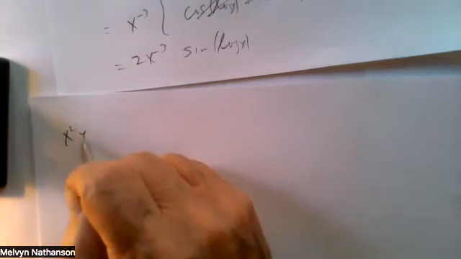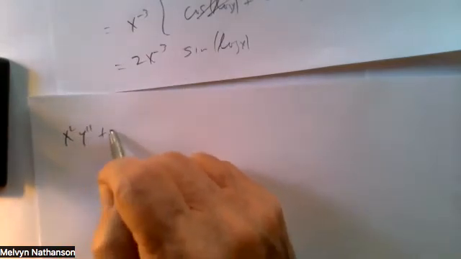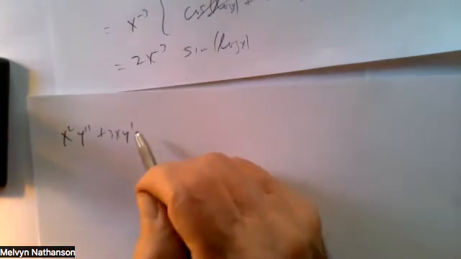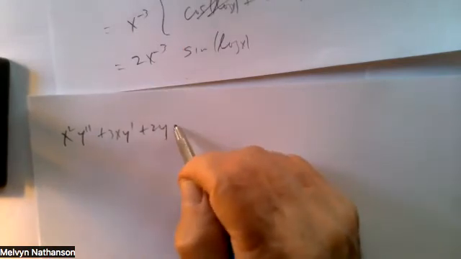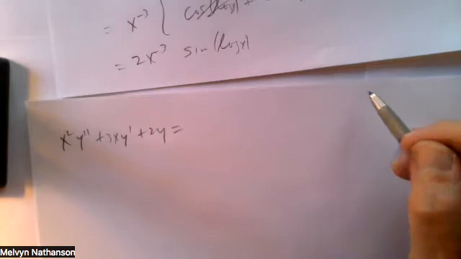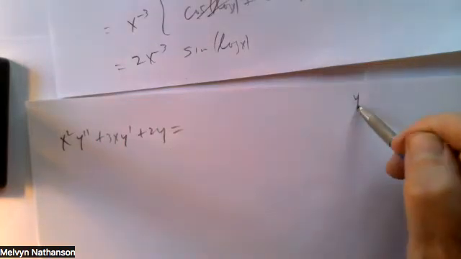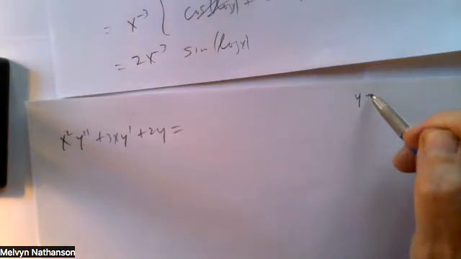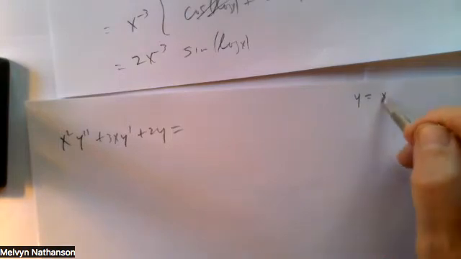So I have x squared y double prime plus 3xy prime plus 2y equals what? Here we're using the solution y equals 1 over x, x inverse, cosine of log x.